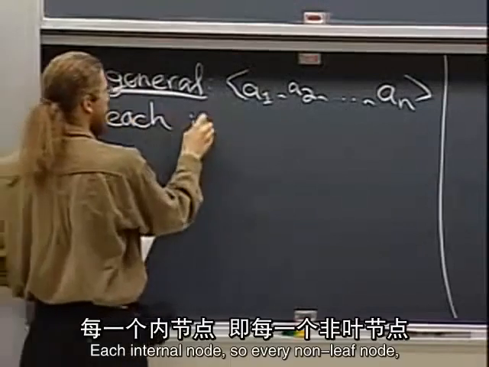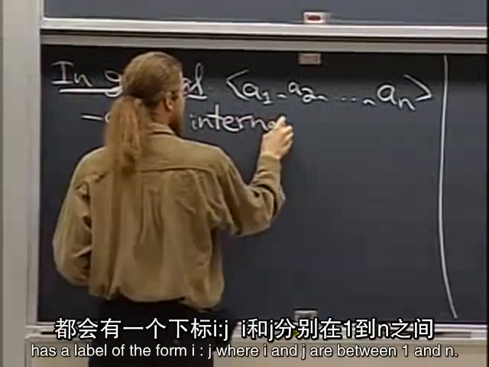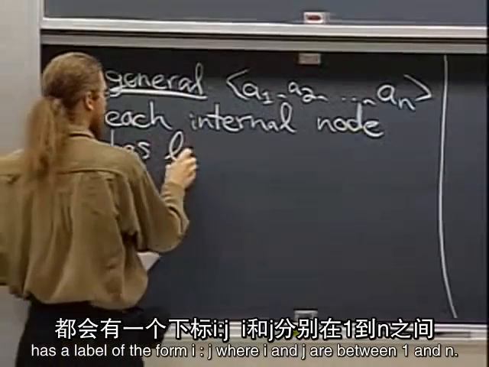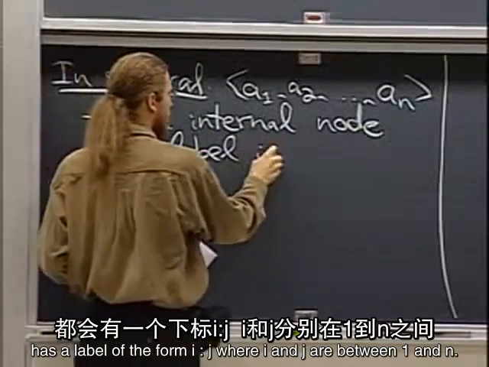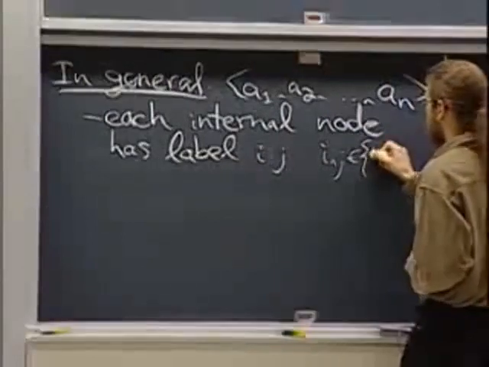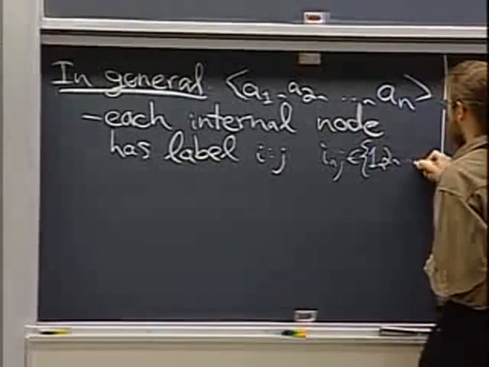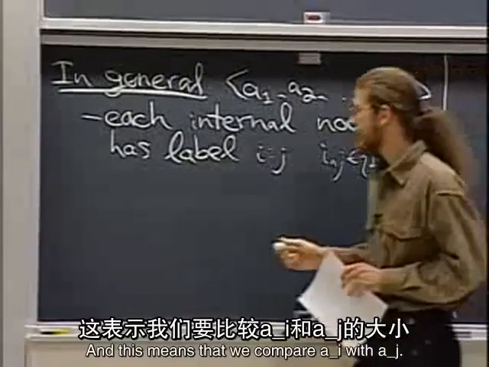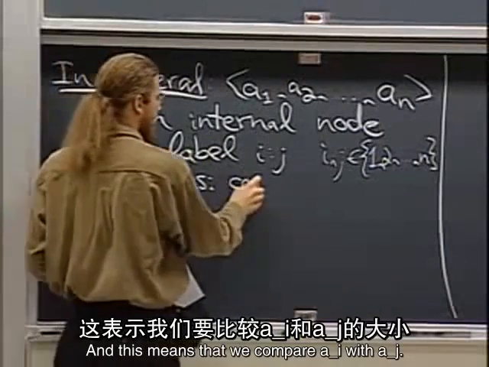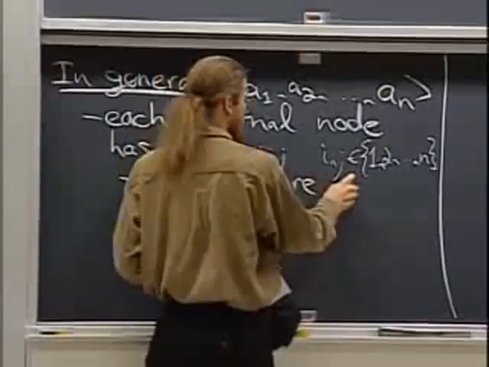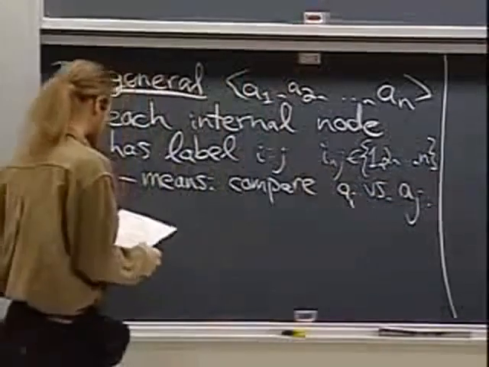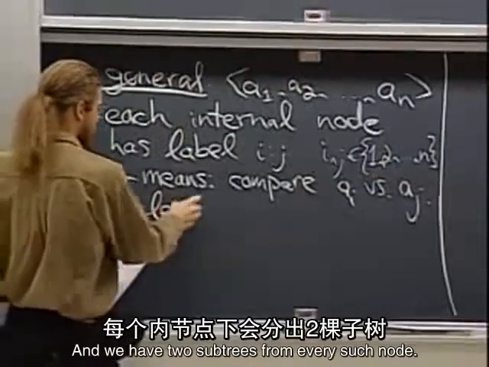Each internal node, so every non-leaf node, has a label of the form i:j, where i and j are between 1 and n. And this means that we compare A_i with A_j. And we have two subtrees from every such node.